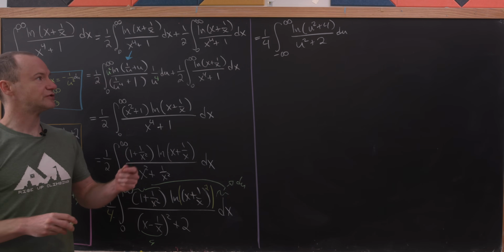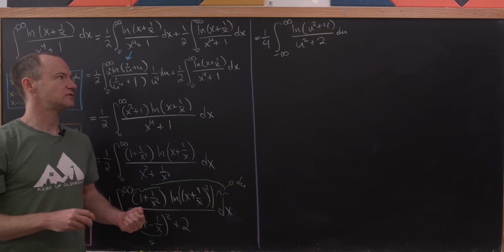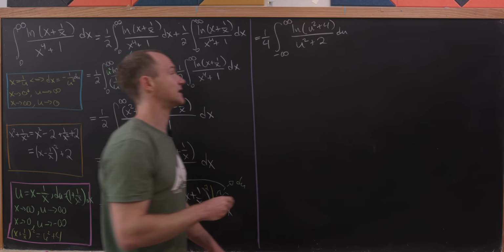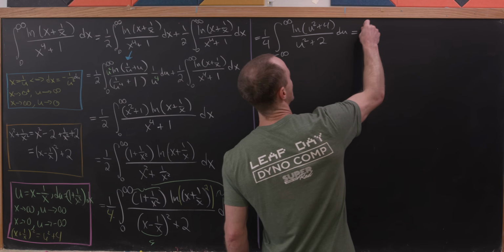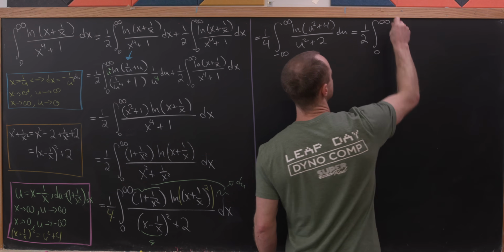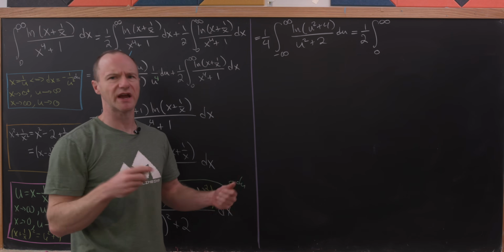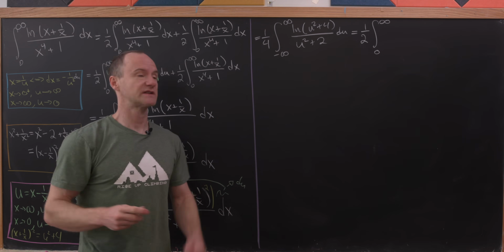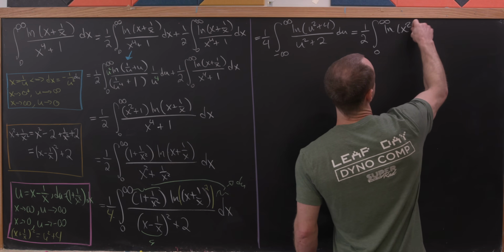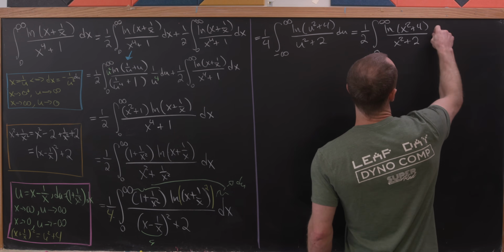Now what we'll do is use the fact that this is an even function to change this from an integral from minus infinity back to 0 to infinity. We can do that by multiplying by 2. So we've got a half and then the integral from 0 to infinity. While I'm at it, I'm going to change my variable of integration back to x. So I've got the natural log of x squared plus 4 over x squared plus 2 dx.